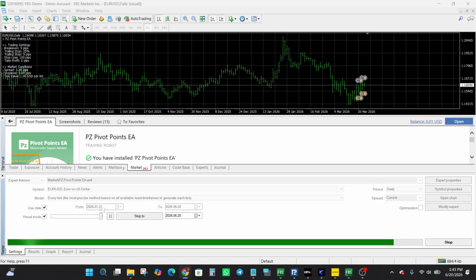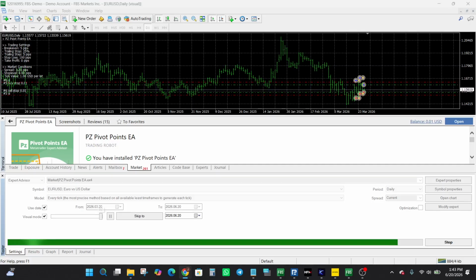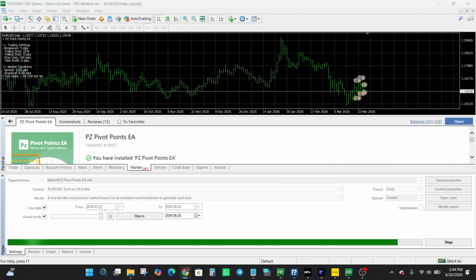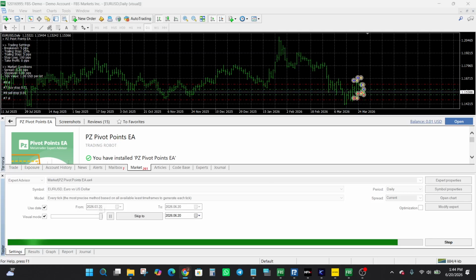The developer also emphasizes that this is a general purpose trading tool, meaning its effectiveness depends heavily on how well it is configured and tested. It does not claim to generate profits under all conditions, which reinforces the importance of proper optimization.